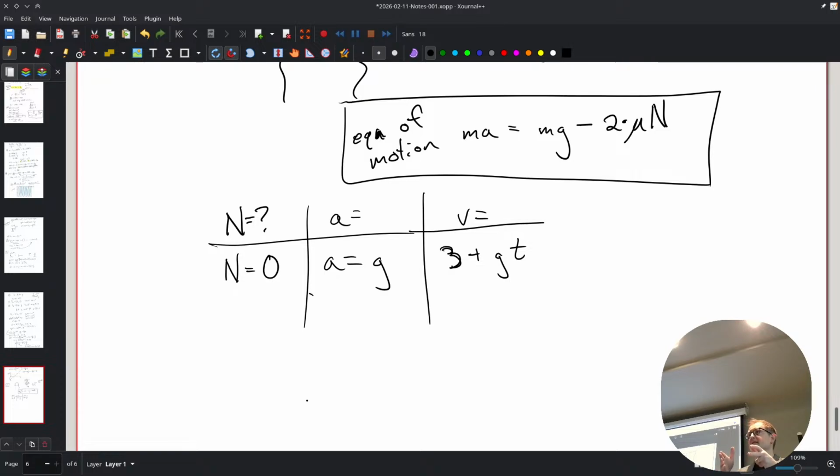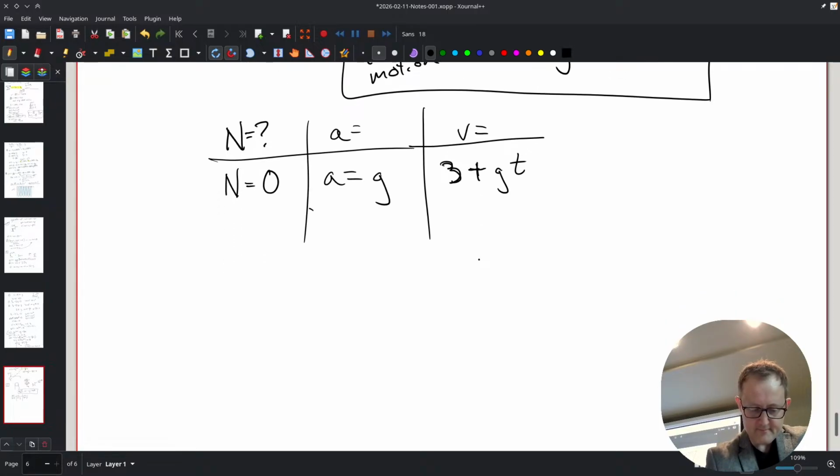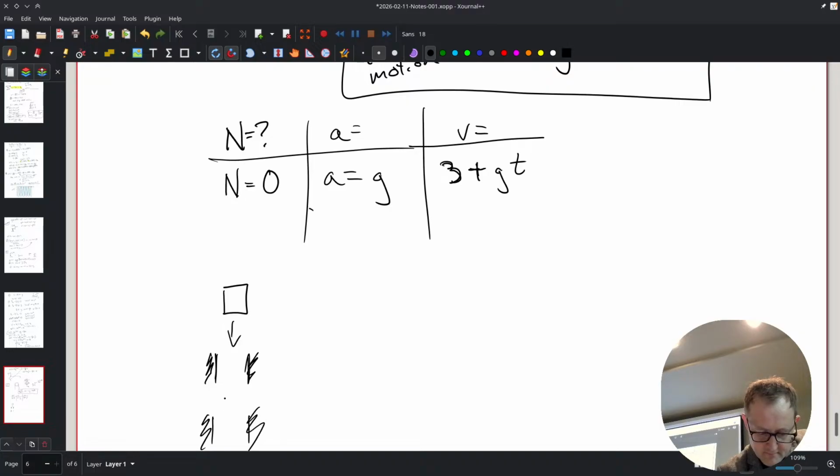Oh, it drops and it just can't move, yeah. So there should be a case where as it drops in, it just immediately stops, right there.